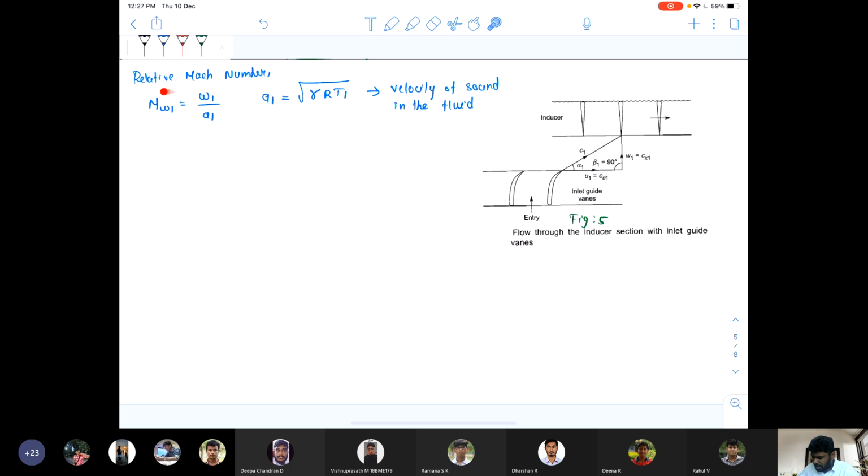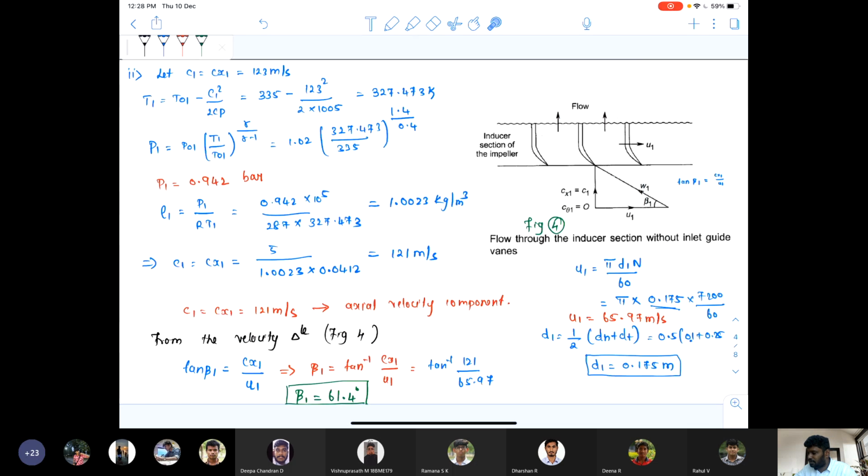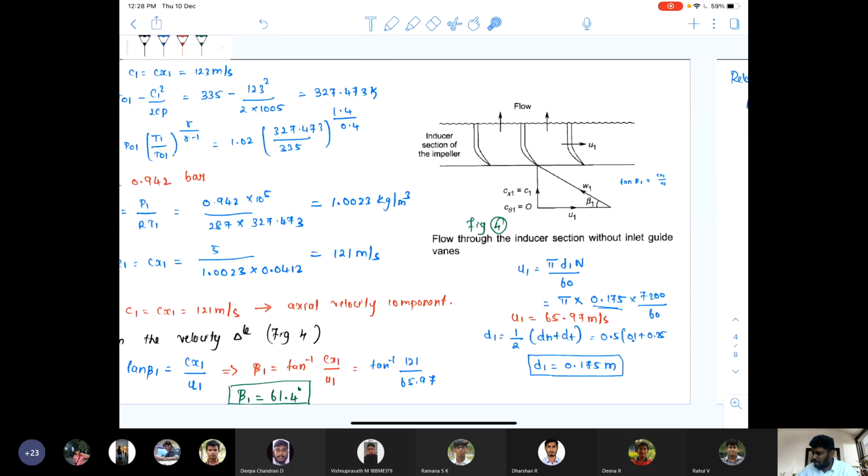So, in order to find the value of MW1, you should find the value of W1 and A1. But the value of W1 remains unknown, so we should first find the value of W1. In order to find W1, you know the value of Cx1 and U1. You can use either cos theta or sin theta to find the value of W1.